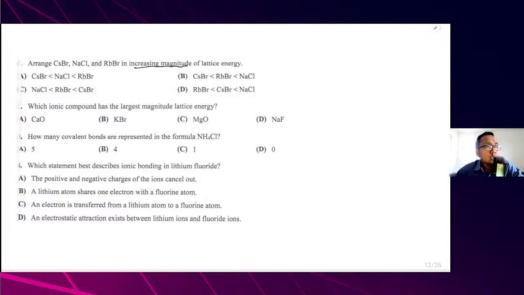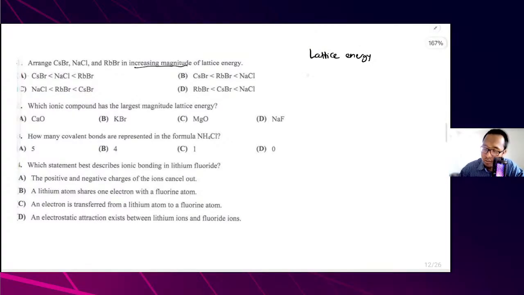Like I mentioned, guys, for lattice energy, it is the energy released when ions come together and form a lattice. So this is the definition of lattice energy.